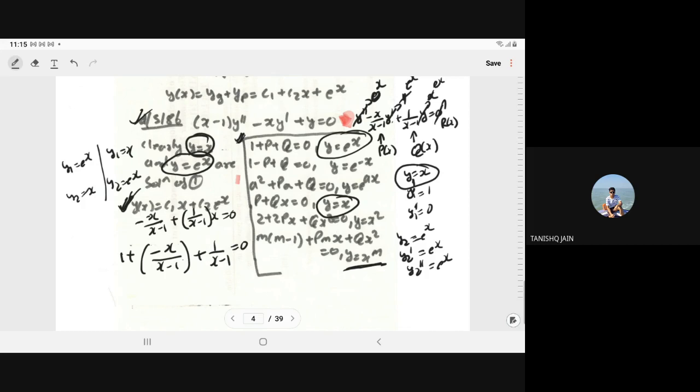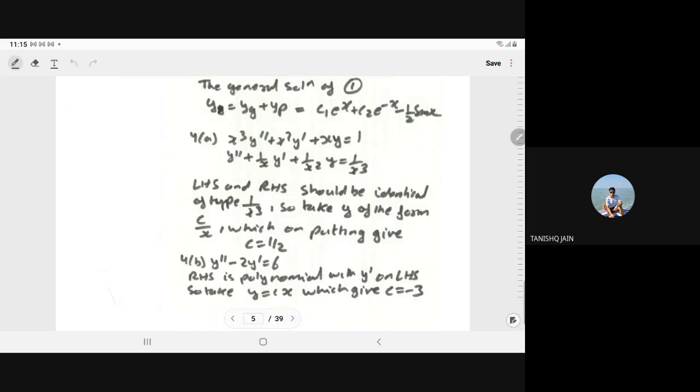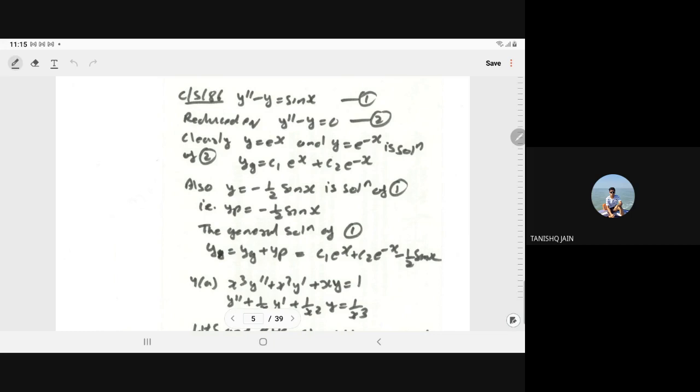Okay. Yes, any doubt? Now, if we have y double dash minus y is equal to sin x, we know that y double dash minus y is equal to 0 will be the homogeneous equation. So you can check y is equal to e to power x and y is equal to e to power minus x will be the solutions of it. If y1 is equal to e to power x, then y1 dash is also e to power x, and y1 double dash is equal to e to power x.